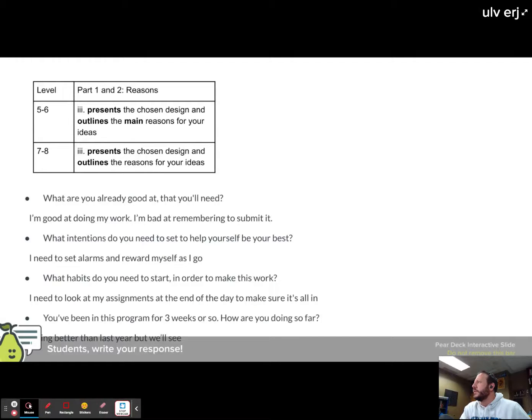All right, and I already see some great sentence stems. And that's how you're framing your answer. I love it. All right, getting some responses. I got about 4 or 5 typing. Make sure everyone's starting.